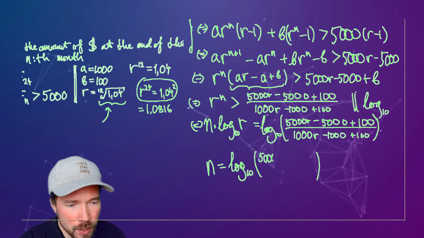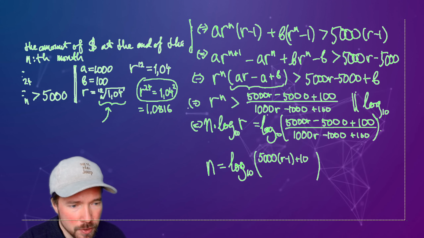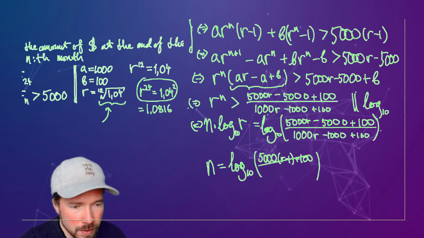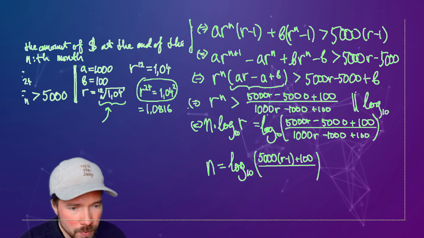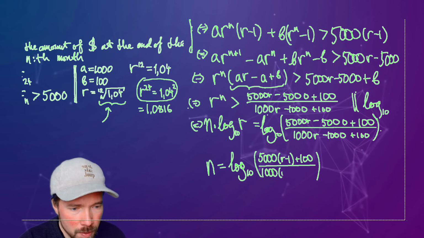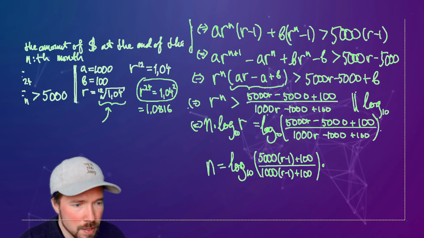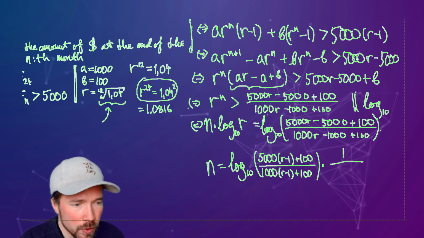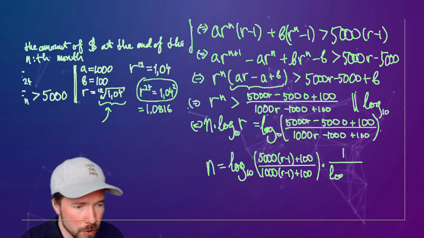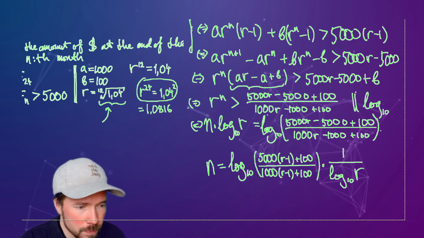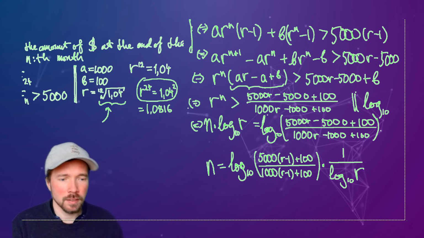It's much easier to write it as 5,000 times (r minus 1) plus 100, divided by 1,000 times (r minus 1) plus 100. Then times 1 over, let's make a straight line, 1 over log r. So this can be put into the calculator.